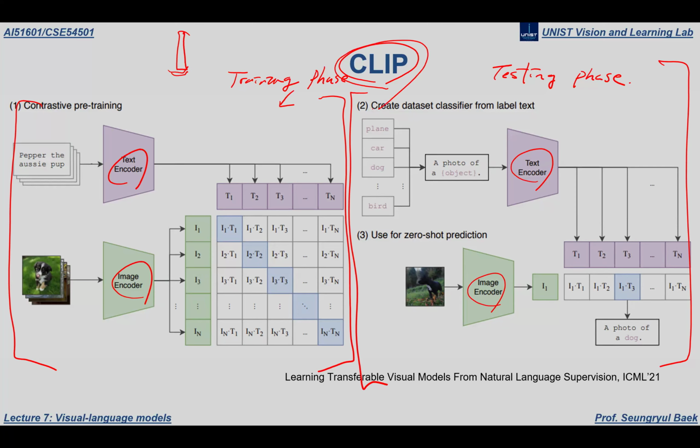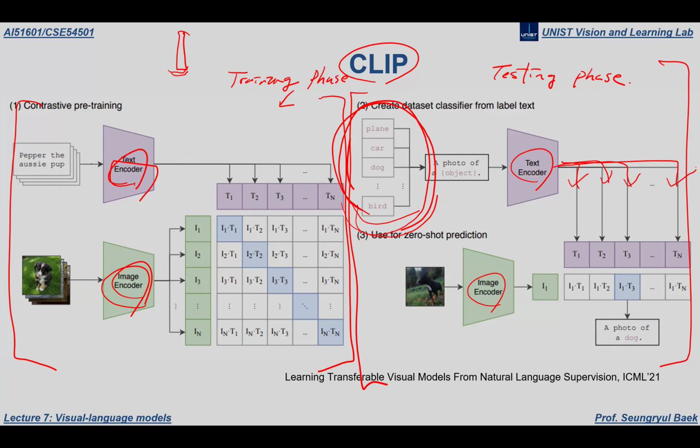But when using CLIP, the image encoder's features are aligned with the text encoder's features. In the inference step, we can easily extend the text queries, add them here, and extract text features from the trained text encoder.